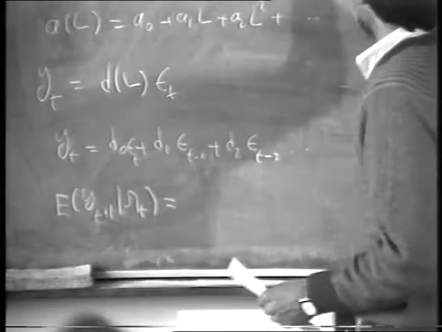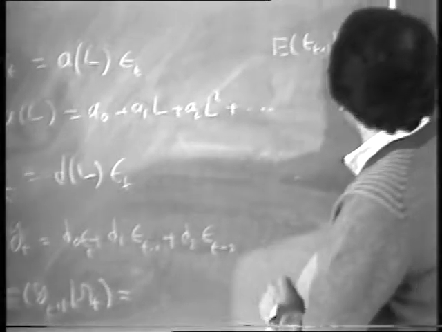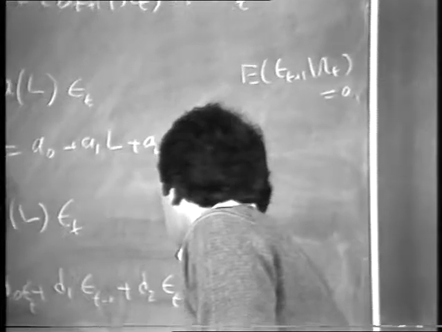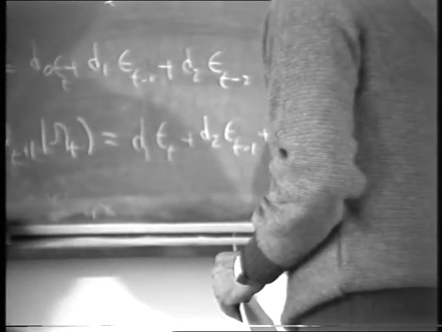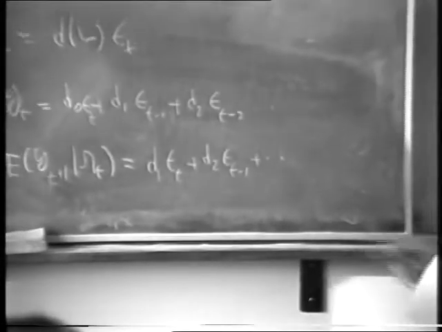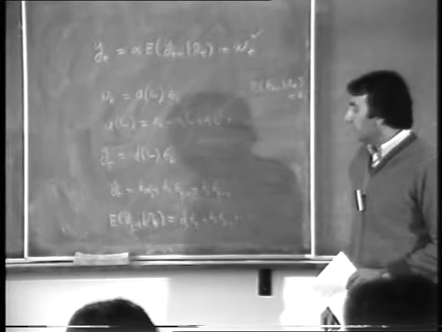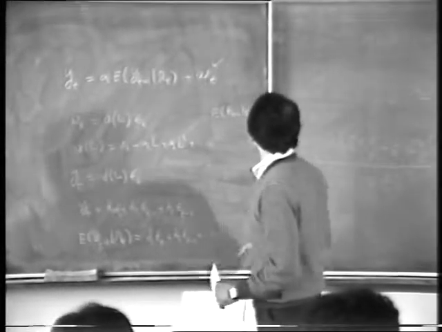Because the expectation of epsilon T plus 1 conditional on omega T is 0. So the rest would be D1 epsilon T plus D2 epsilon T minus 1 and so on. So that is the conditional expectation of YT plus 1 given omega T. We can write this in operator form.